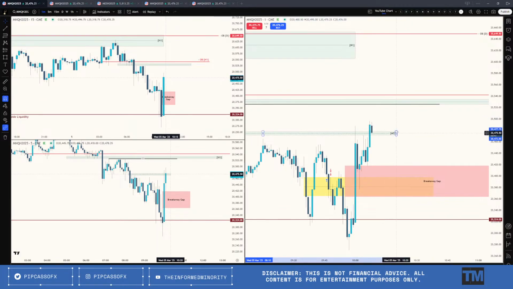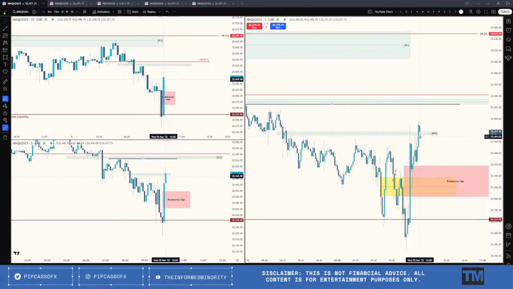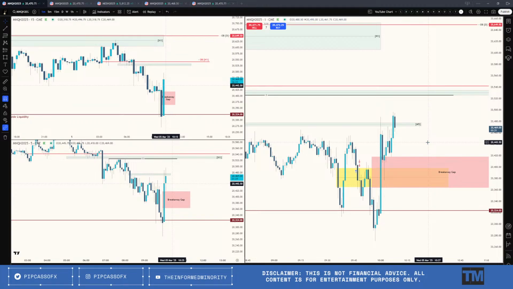I'd expect this to be a support level now. We're above it. I expect this to support price, and within the next couple candles or in the same candle, start to reach up into here. That would be the expectation.